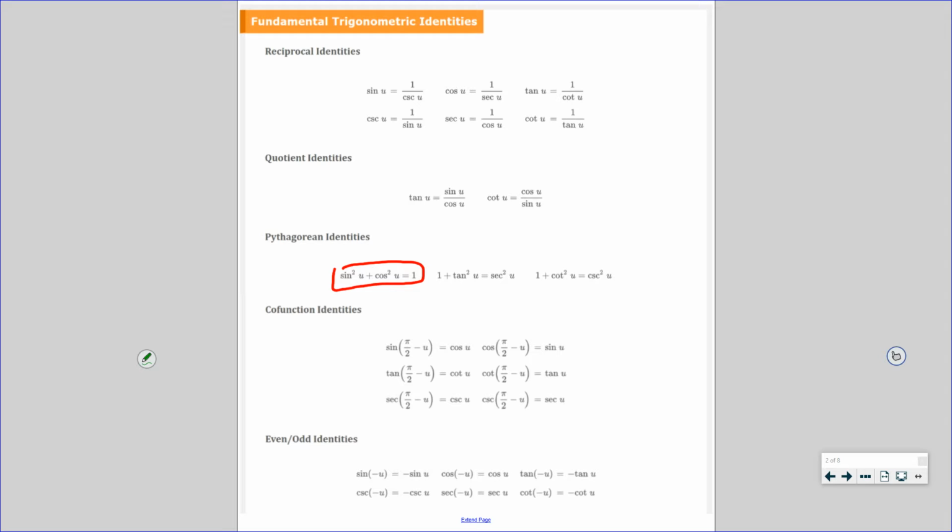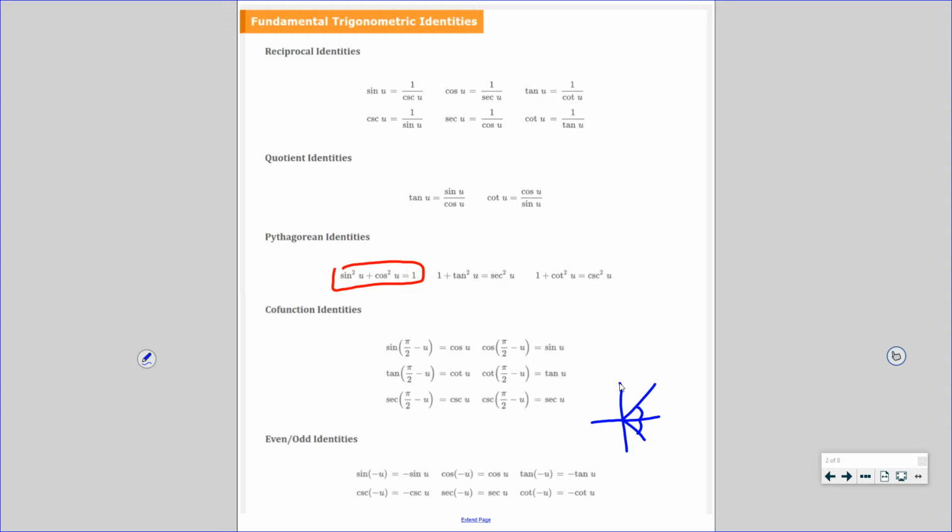All right, so really quick, let me just explain the even-odd ones, because like I said, we've done proofs for all these. The even-odd, so basically, if you know your quadrants, this makes sense. Let's say I have some angle; they're just using u as a variable. The sine of the opposite of that angle, so let's say this angle is 45 degrees, so negative 45 degrees.